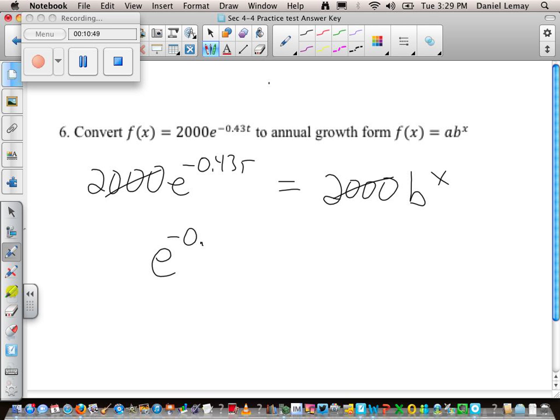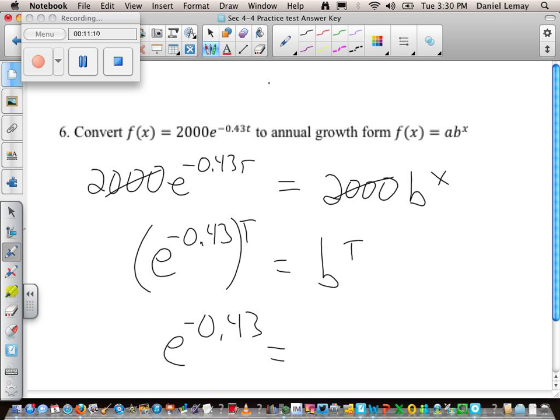So then I see I've got this e, and I can think of that e to the negative power raised to the t as having to be the same as b. Actually, let me call this b to the t instead of b to the x, so they're the same variable. What these have in common is the exponent, so it must be that the bases are the same.